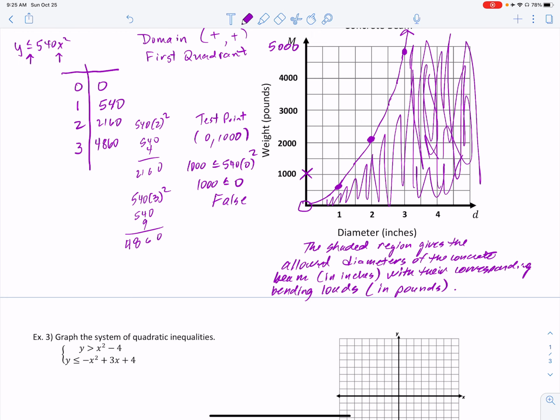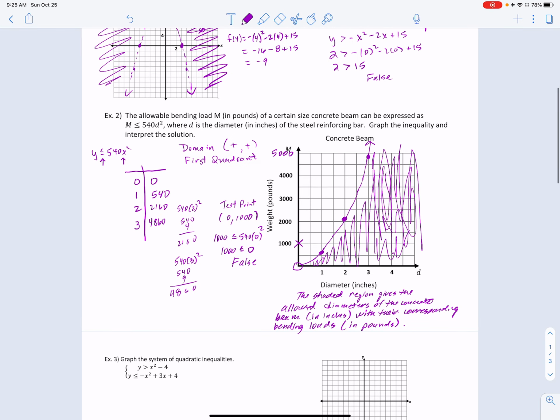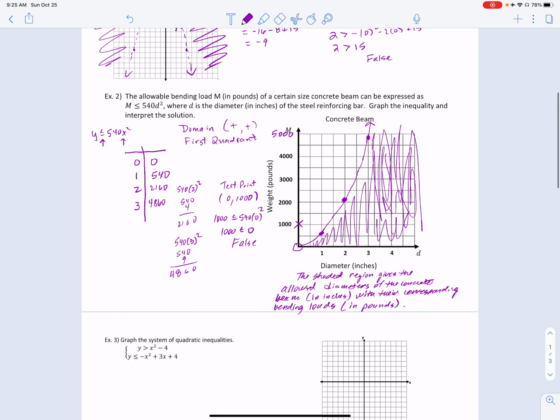So there you've got that. You need to reread the problem and make sure that you have answered everything. So this takes a written sentence to interpret the solution.